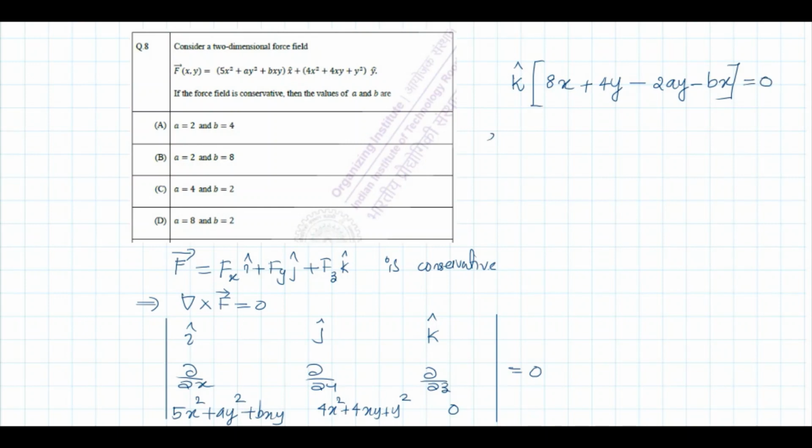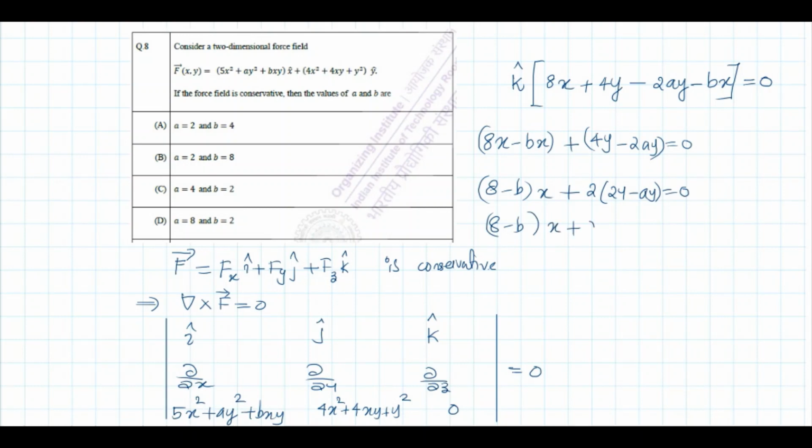That is 8x minus bx plus 4y minus 2ay equal to 0, or (8 minus b) into x plus 2y into (2 minus a) equal to 0.